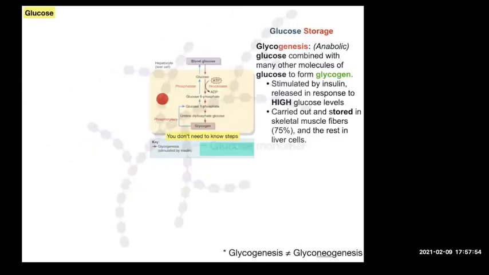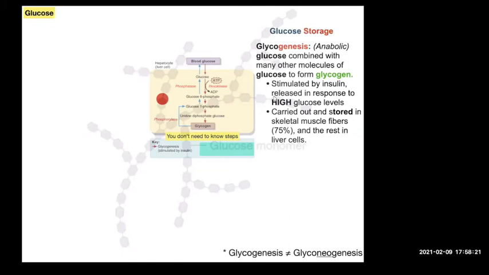So as far as the making of this glycogen, when we have too many glucoses, this excess glucose is circulating in the blood. Your blood passes through your pancreas. Your pancreatic islet cells detect that, and they release insulin into the blood.